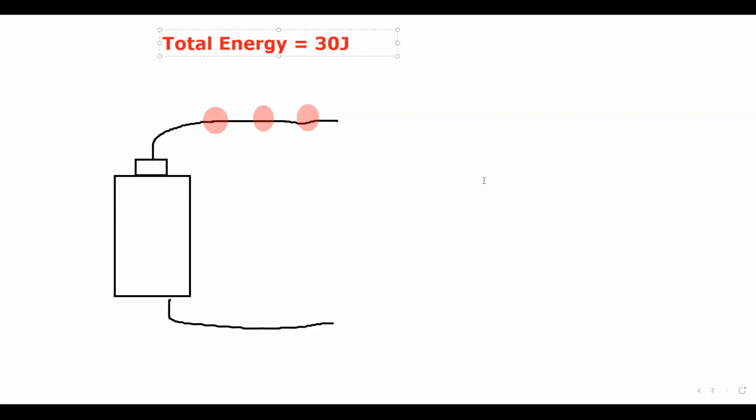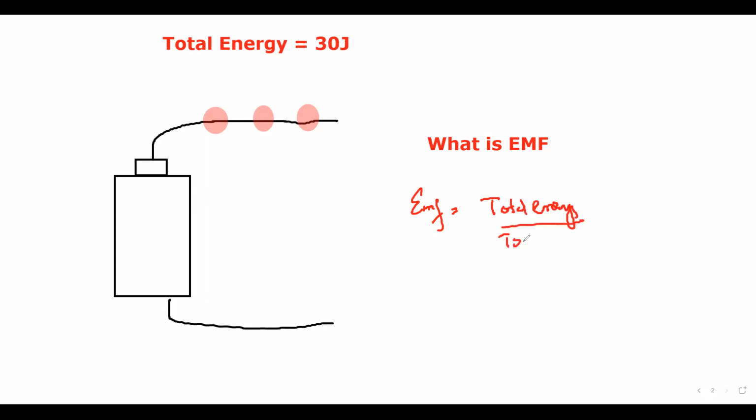So the question is, what is EMF? EMF means electromotive force, or how much energy 1 coulomb of charge is carrying. So to get the EMF, the electromotive force is equal to total energy divided by total charges.